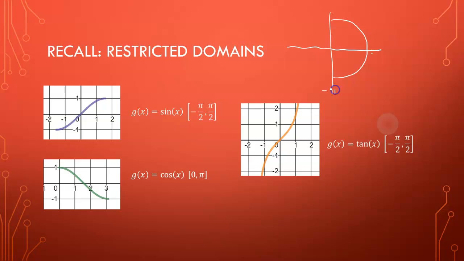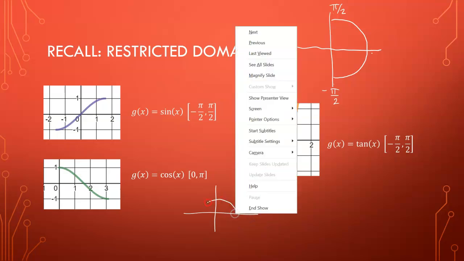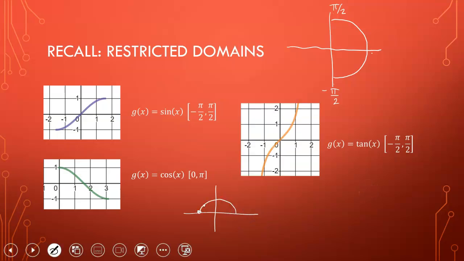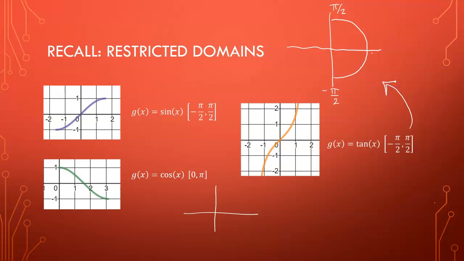It's the values from negative pi over 2 to positive pi over 2, so that there's no gap in our values. And then for cosine, it's the part of the unit circle that just goes from 0 to pi, which is really a lot easier than the sine one. Tangent shares the same restricted domain as sine does. So just so you know, when we output with the inverse functions, we only get outputs in those quadrants.